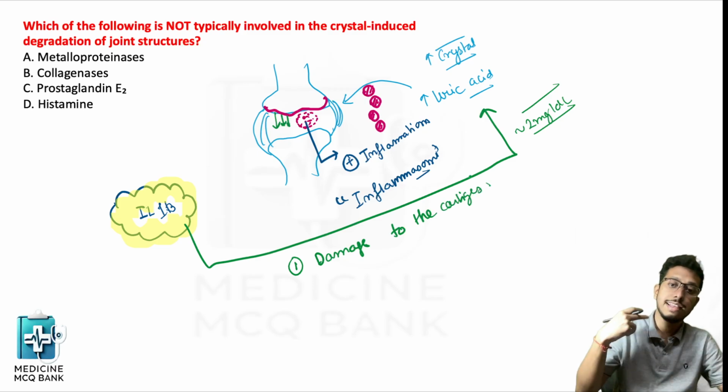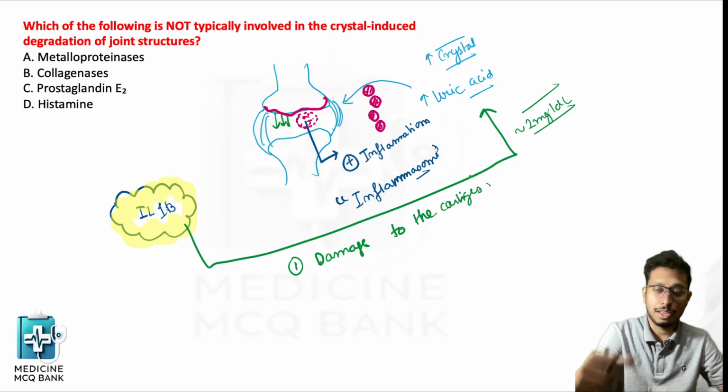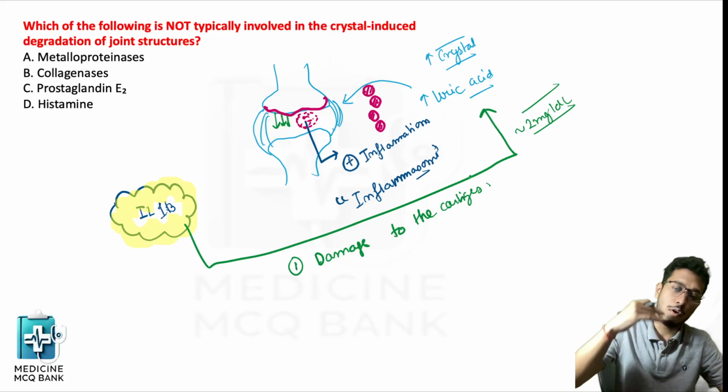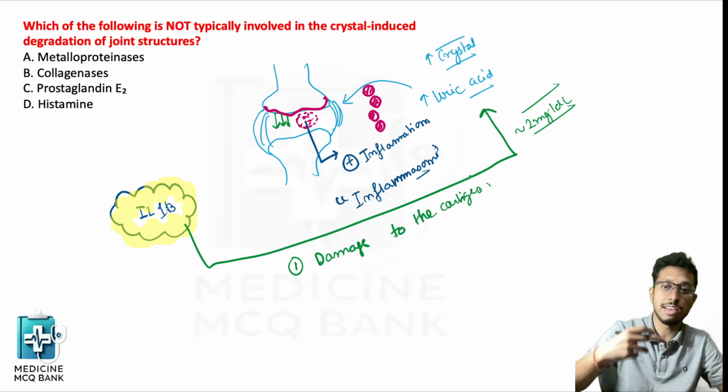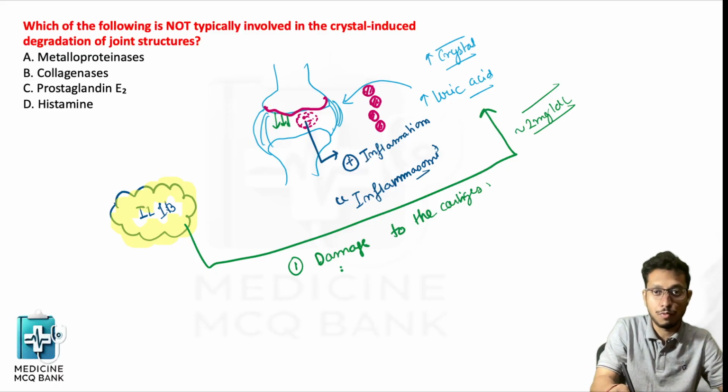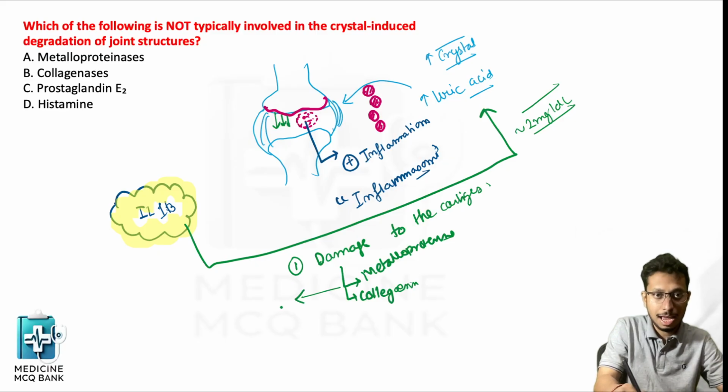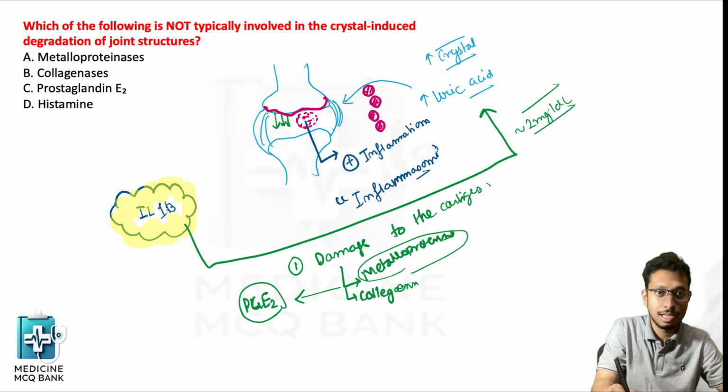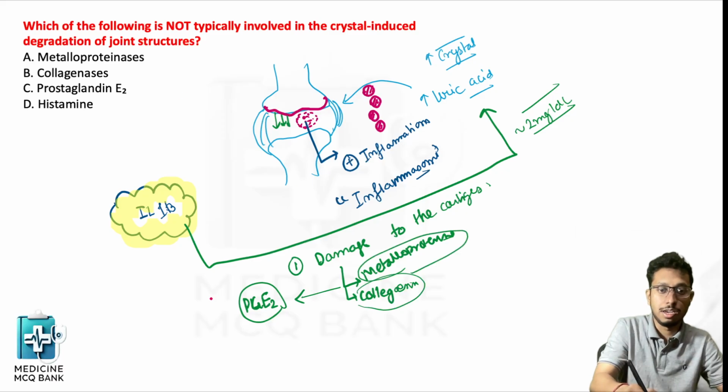This damage to the cartilage and joint is through physical irritation, like ongoing inflammation, and this ongoing inflammation leads to release of multiple enzymes in the form of metalloproteinase, collagenase, and prostaglandin E2. Remember, it is prostaglandin E2. These three are the common enzymes which are secreted and which ultimately will lead to chronic destruction of the joint.